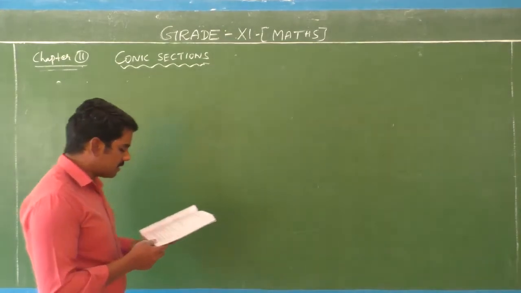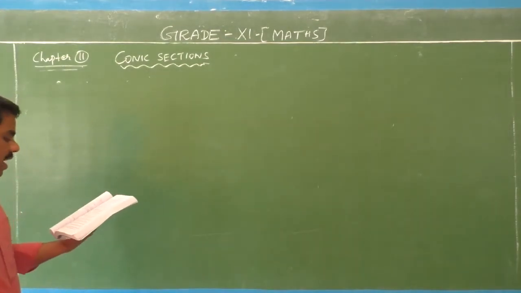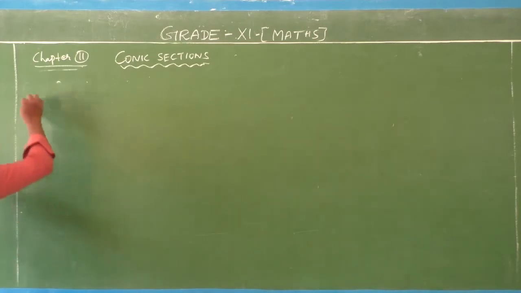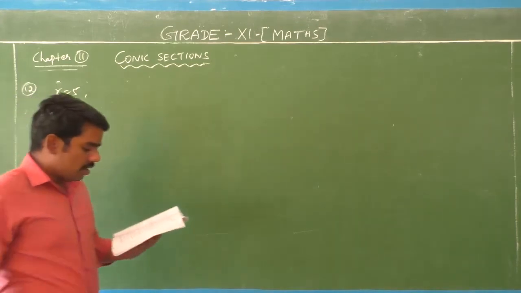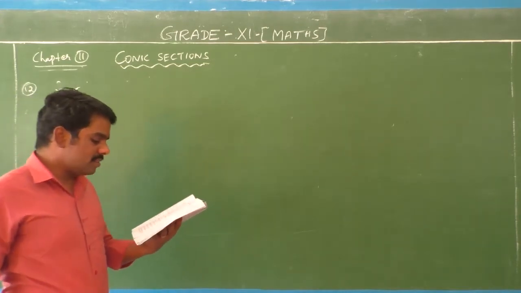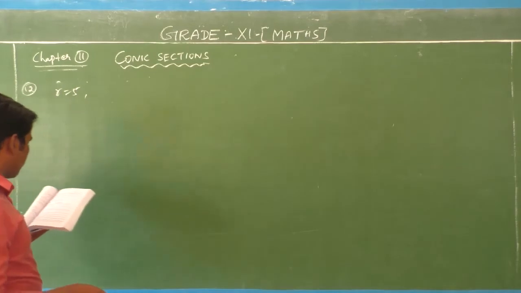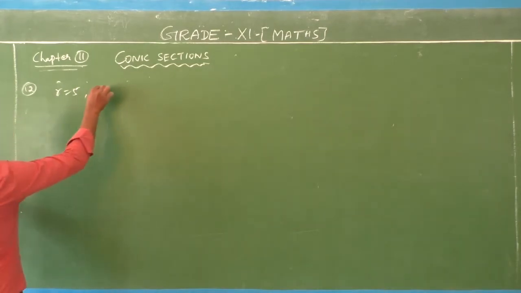Next question, number 12. Find the equation of the circle whose radius is 5, whose center lies on the x-axis, and which passes through the point (2, 3).